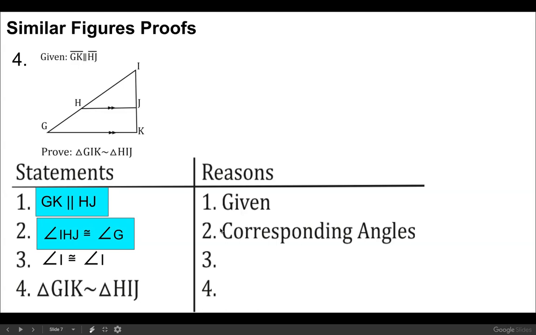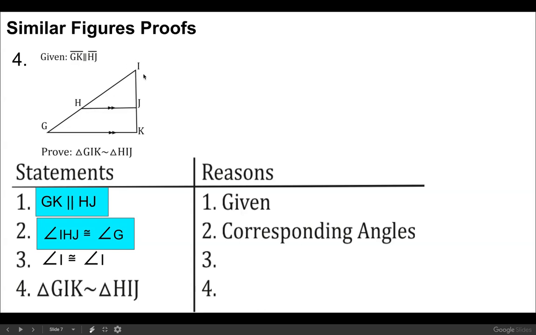And we can say that because we have these parallel lines. Those are corresponding angles. Well, now we can also see that angle I is congruent to angle I. That is always going to be true. An angle is going to be congruent to itself. That is important because we see that GIK, the larger triangle, is what we're trying to prove similar to the smaller triangle, HIJ.